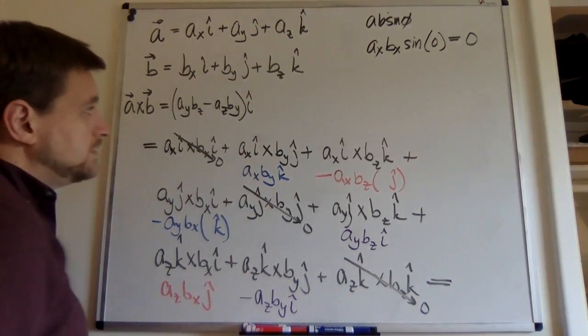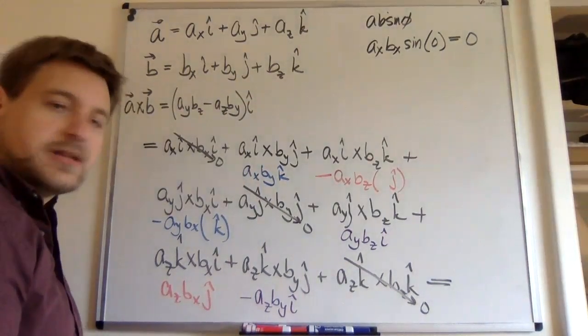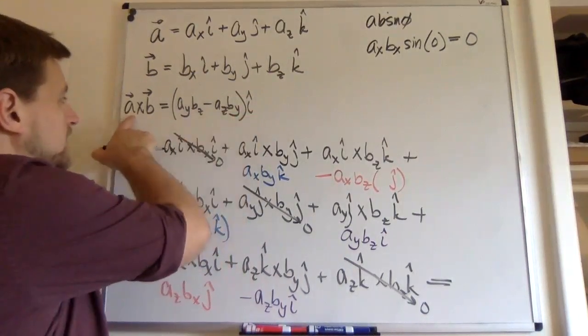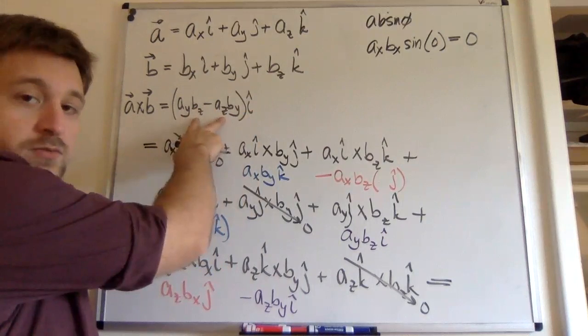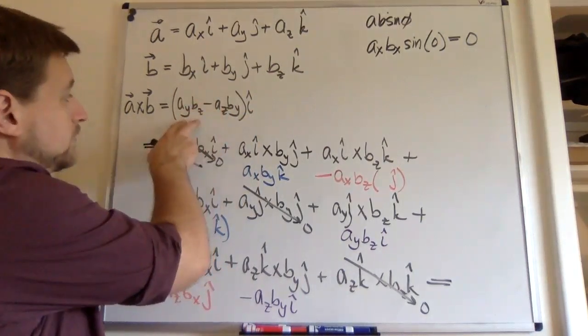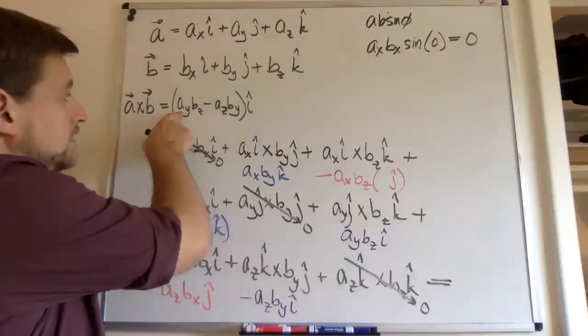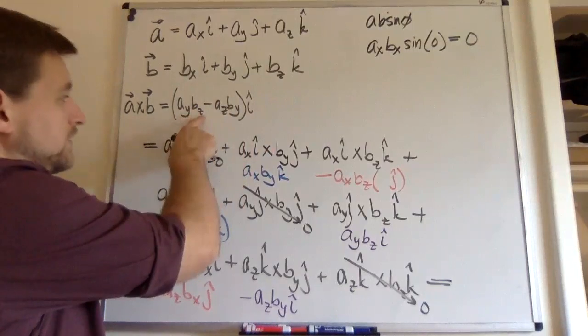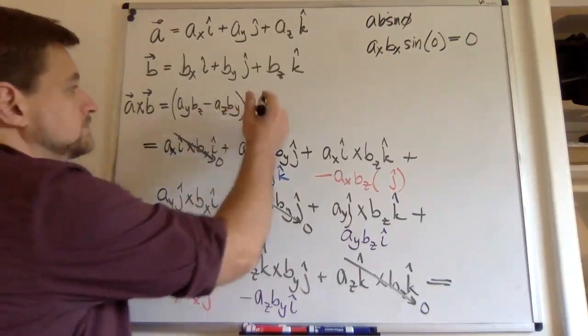And you can start to see a pattern developing. The X direction of the cross product only involves Y and Z components. It doesn't involve any X components. We start with the next letter, and then we use Z, and then we switch them.